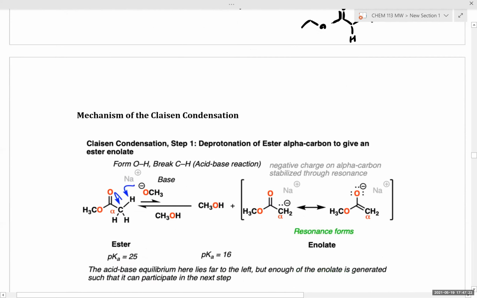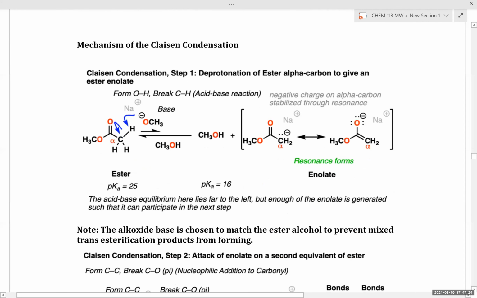Okay, so just to talk about the step-by-step mechanism for the Claisen condensation. First, we form our enolate via deprotonation of our alpha position. Note the alkoxide base is chosen to match the ester alcohol to prevent mixed transesterification products from forming.